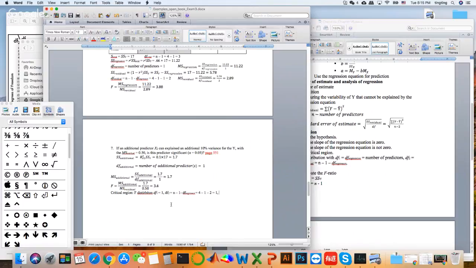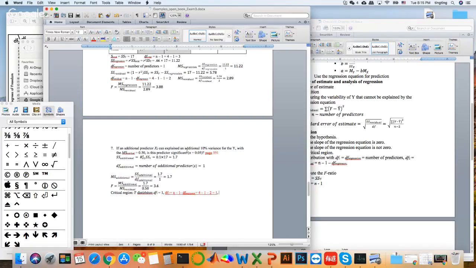This part is important. You need to recompute the degrees of freedom of the residual. So let's check.